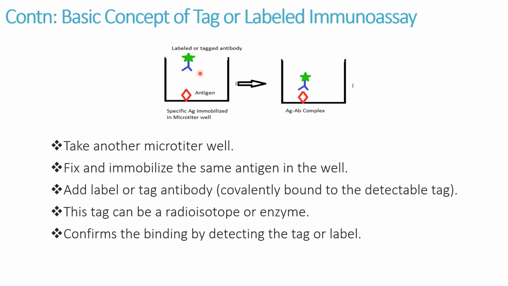This tag can be a radioisotope or it can be enzyme. This tag confirms the binding by detecting the tag or label. Hence, we understood the basic concept which is utilized to detect the substances like antigen or antibody which are present in very low concentration in patient's serum sample.